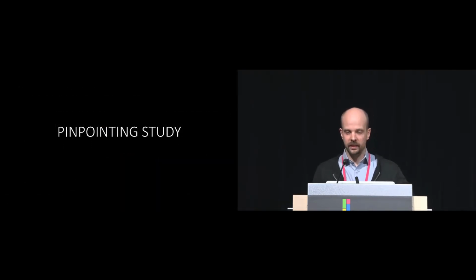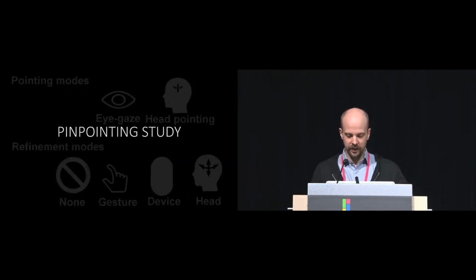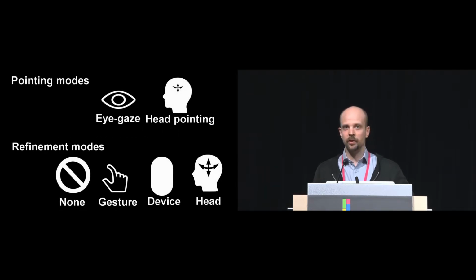So to investigate these different techniques, we designed a study with two primary pointing methods, eye gaze and head pointing, and refinement modes: none, which was the baseline condition, and gesture, device, and head.